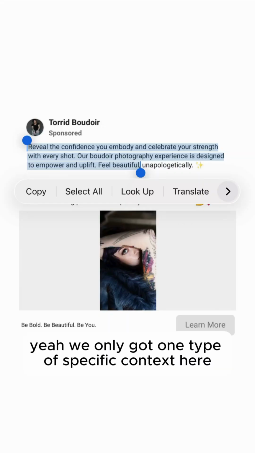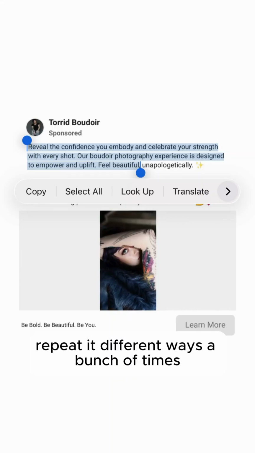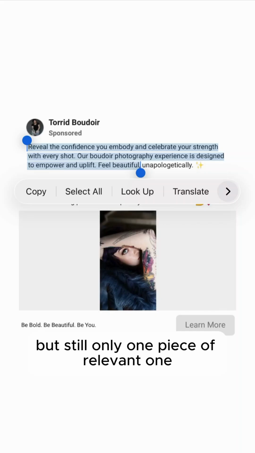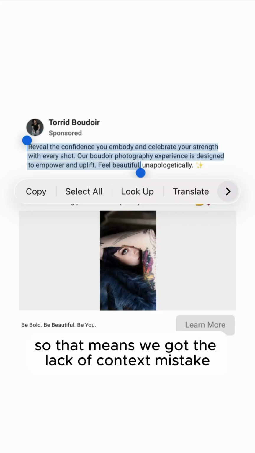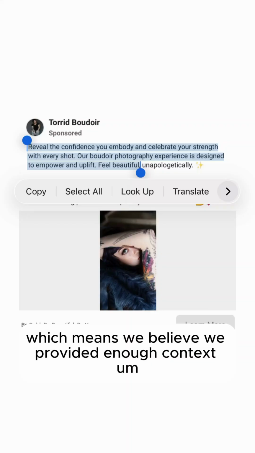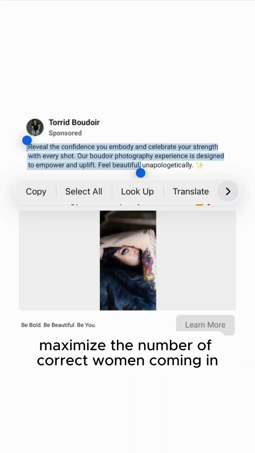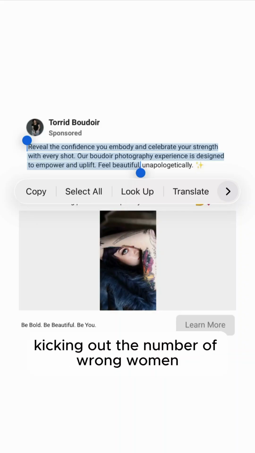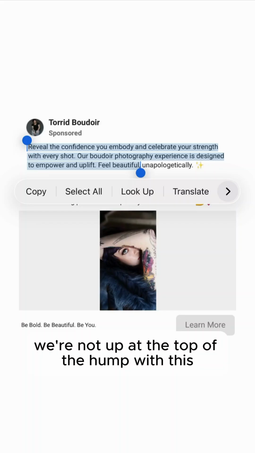Yeah, we only got one type of specific context here. Repeated different ways a bunch of times, but still only one piece of relevant context. So that means we got the lack of context mistake, which means we believe we provide enough context to maximize the number of correct women coming in, kicking out the number of wrong women, but we're not up at the top of the hump with this.